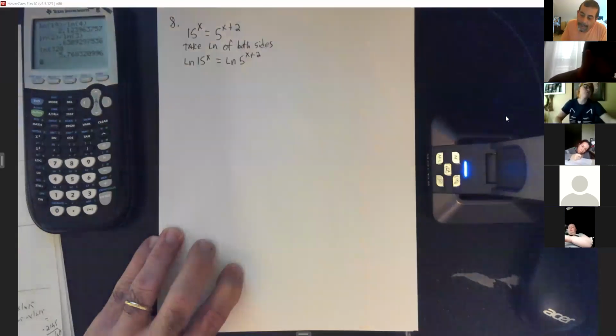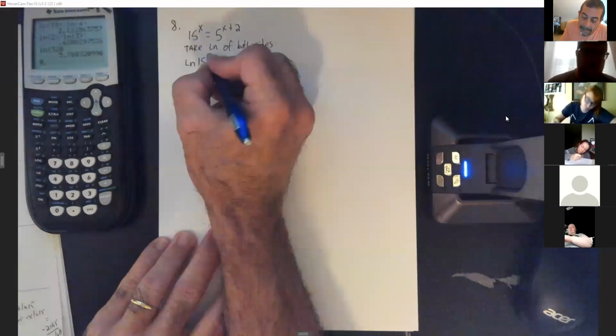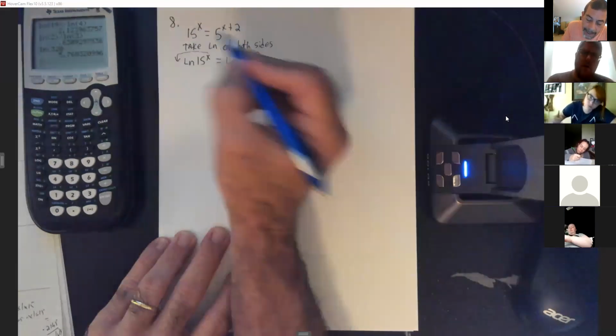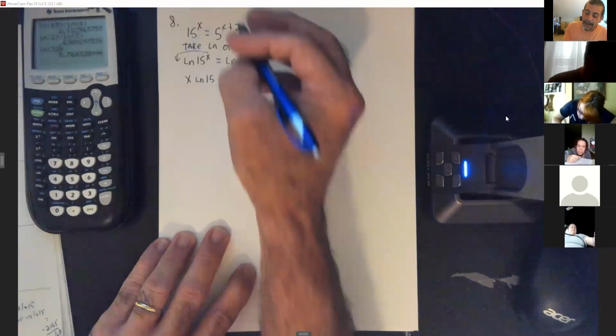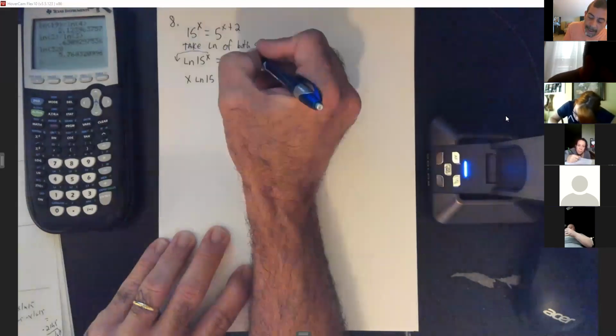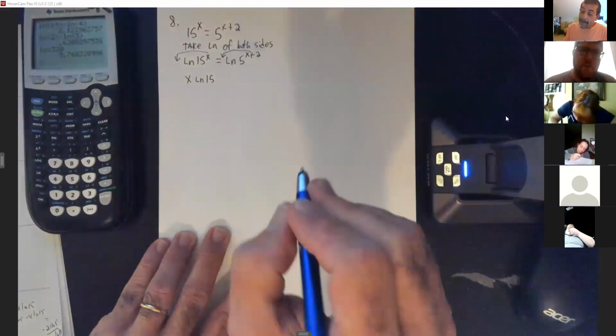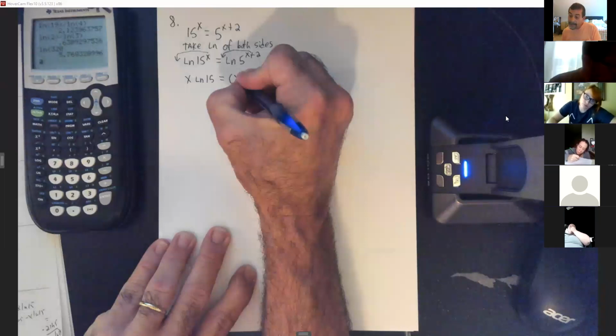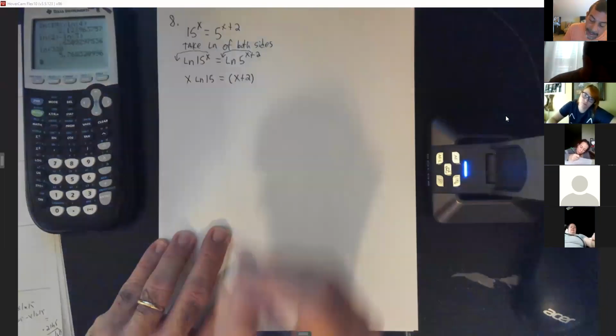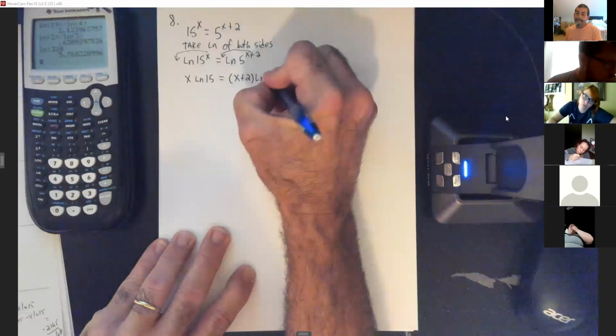Now be careful on this, because I'm going to bring this x down to the front, I get an x ln 15. Now y'all watch what I'm going to do here, because I'm bringing the x plus 2, the whole thing down. So on that side, I'm going to put the x plus 2 in parentheses, and then I got a ln 5.